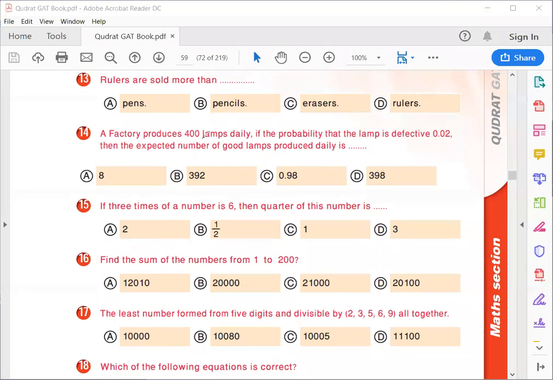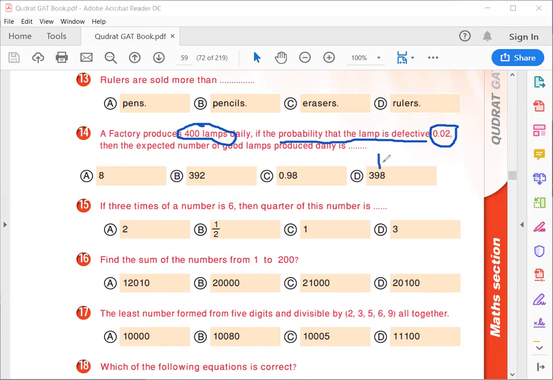Because he said 400 lamps, but the probability that the lamp is defective is 0.02. How do I find the complementary?